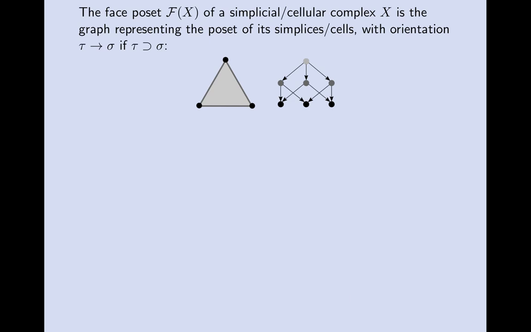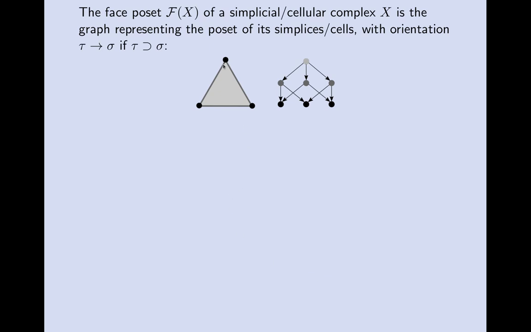Let me apparently change subject slightly for a moment. In what follows, for us, X is going to be either a simplicial or a regular cellular complex. I'll blur a bit the distinction between the two, since the theory is precisely the same. So, given such an X, its face poset, F of X, is just a directed graph whose vertices are either the simplices or the cells of X, and the edges are given by face inclusions and are oriented towards decreasing dimension.